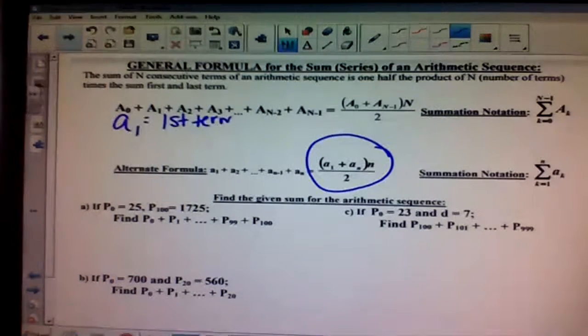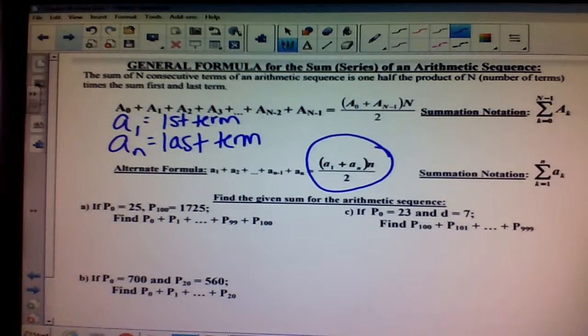Okay, so that they want you to add. That term could be P sub 20. That term could be P sub 719. Whatever the first number is that they want you to add, that's what you plug in for A sub 1. A sub n is the last term that they want you to add. Again, that could be P sub 90.